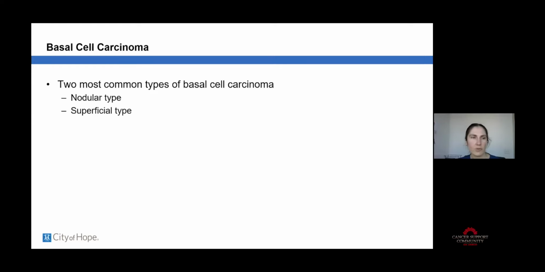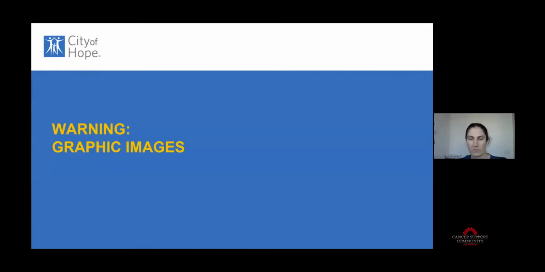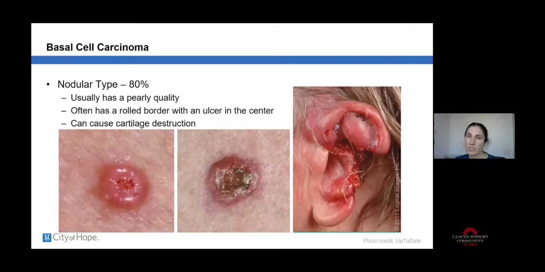There are 2 common types of basal cell carcinoma: nodular and superficial type. And so we're going to have some images here. The nodular type is the most common. It's about 80% of cases, and you typically see this pearly, raised, smooth, shiny border around it. Sometimes there are little blood vessels in it called telangiectasias, and then a central ulceration.